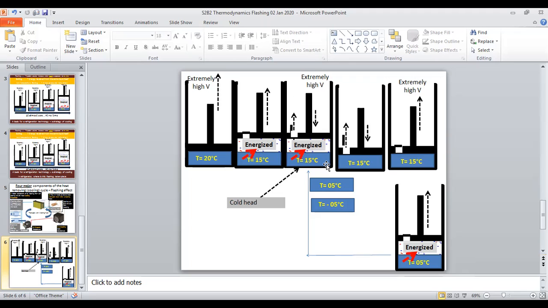And you are using liquid, so liquid is cooler, so this is the cold head. So this can be 5, then later minus 5, some more afterward minus 10.